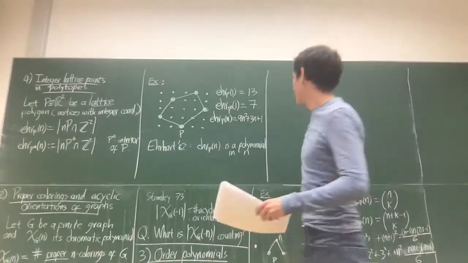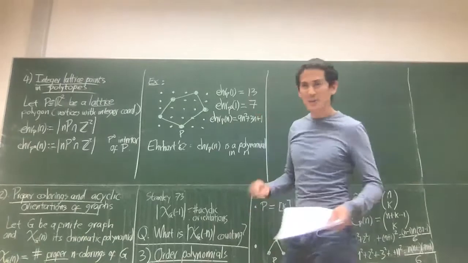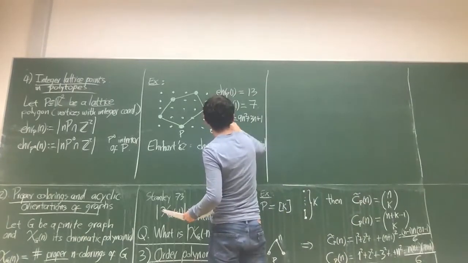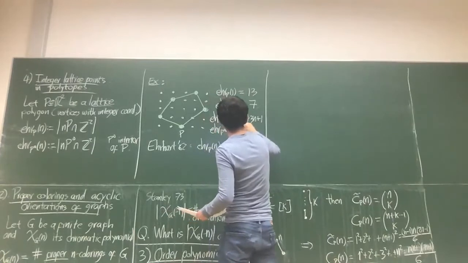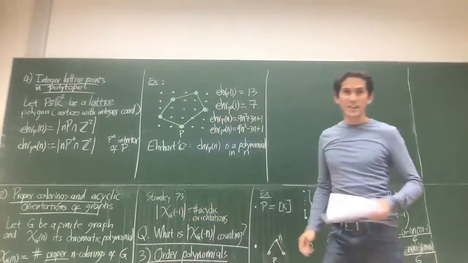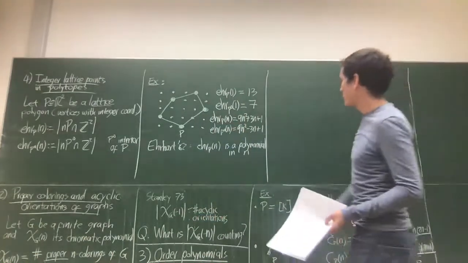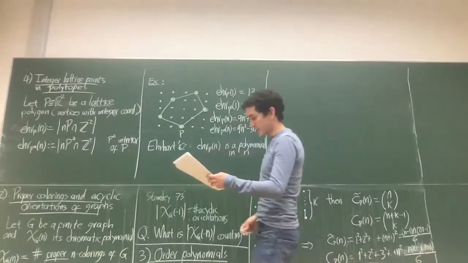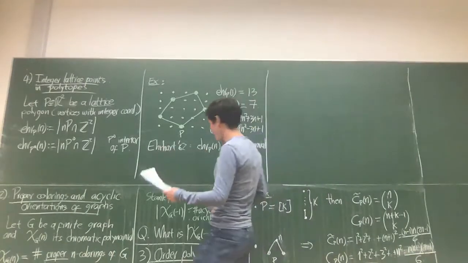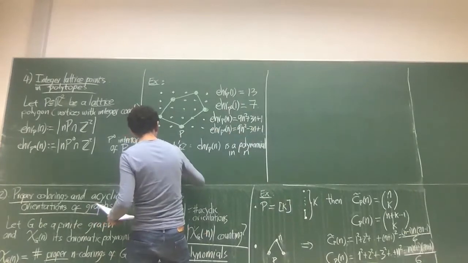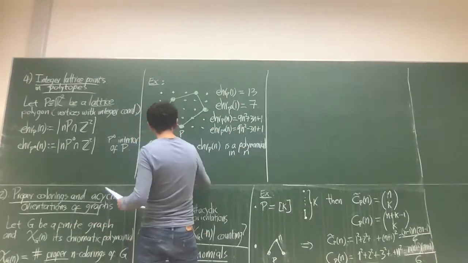And the interior, it turns out to be also a polynomial. So Ehrhart of the interior of n is 9n squared minus 3n plus 1. And as you notice, if you evaluate the first one at minus n, you get the second one. And this is a result by Macdonald from '71.